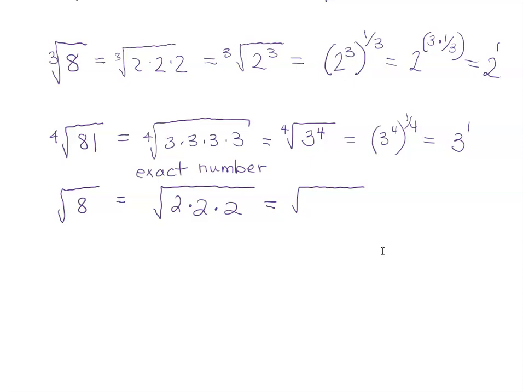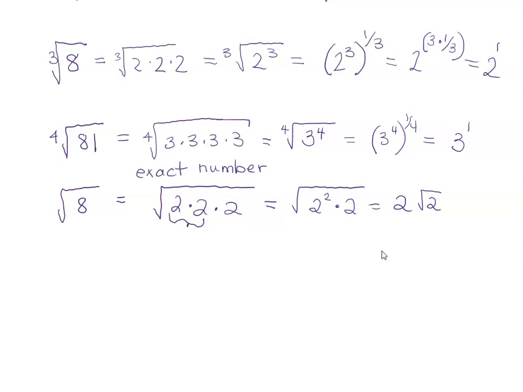I'm just trying to show you step-by-step what is happening here. So I'm going to have a 2 squared, that's this piece here. And then I've still got the times 2. I can't just drop that out of there. That's still got to be there. Which means that this piece and this piece are going to cancel each other out. And I'm going to be left with 2 times the square root of 2. And that is the exact answer.